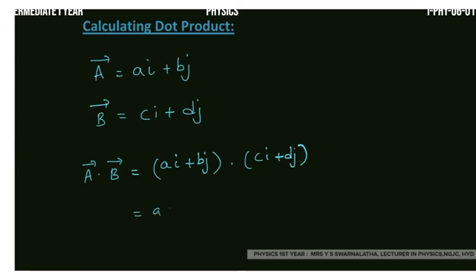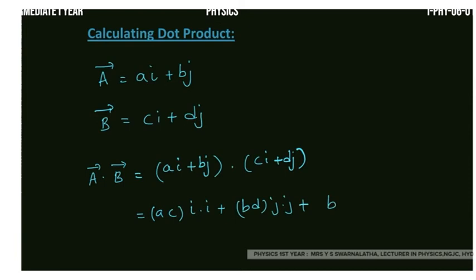We get AC into i dot i, plus BD into j dot j, plus BC into j dot i, plus AD into i dot j.